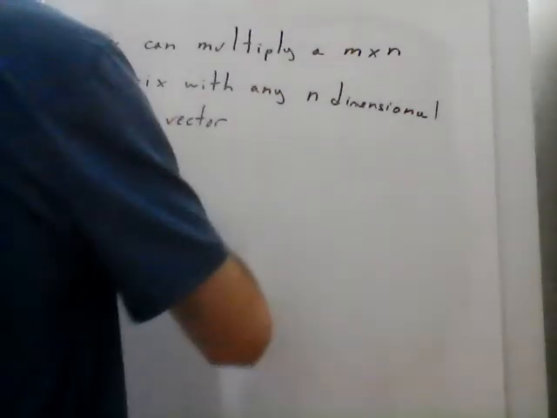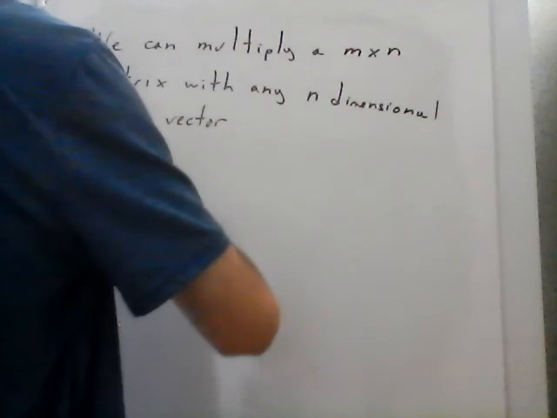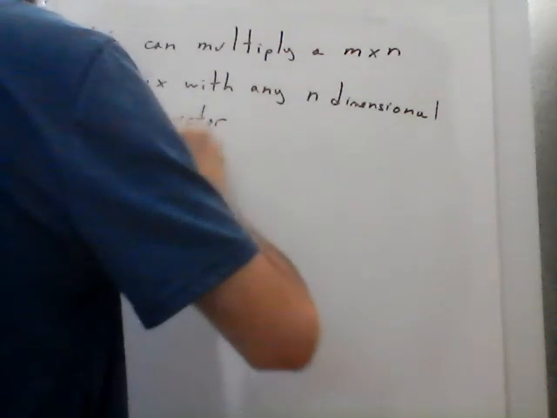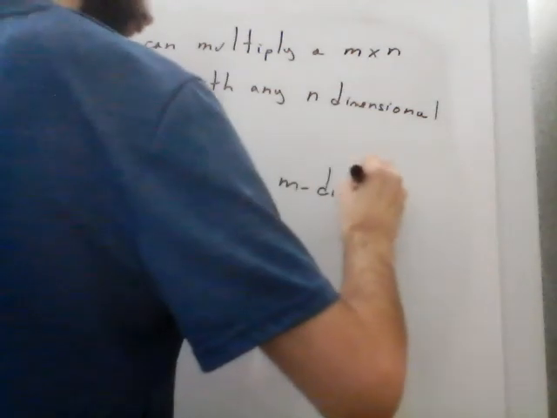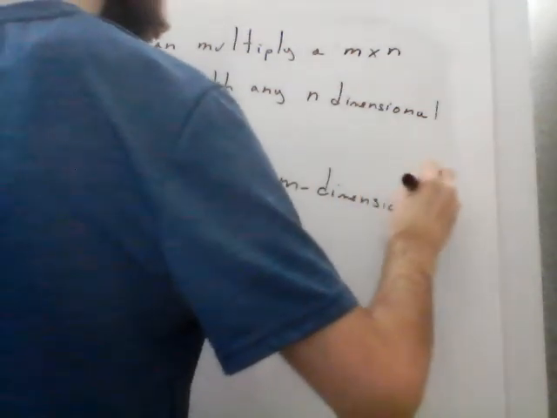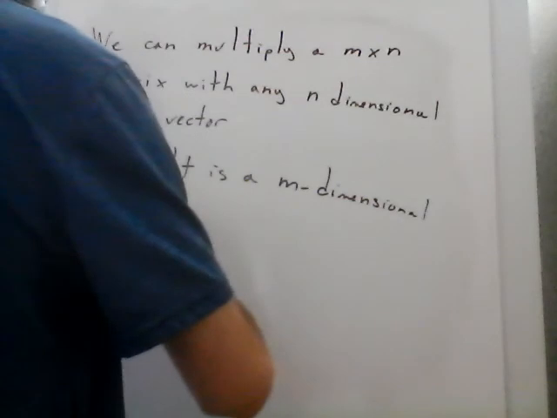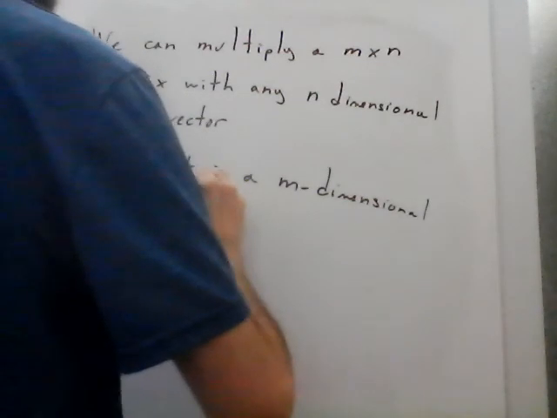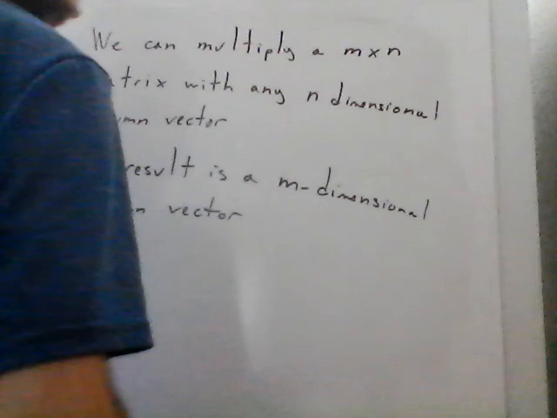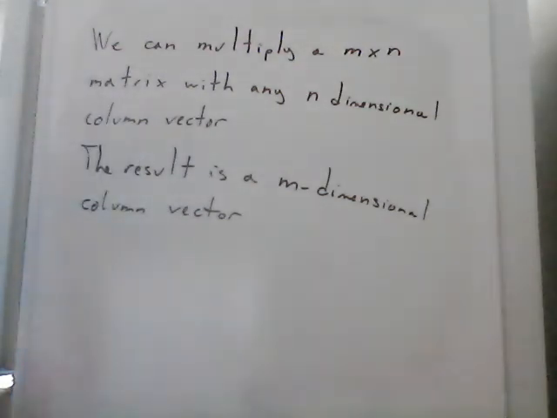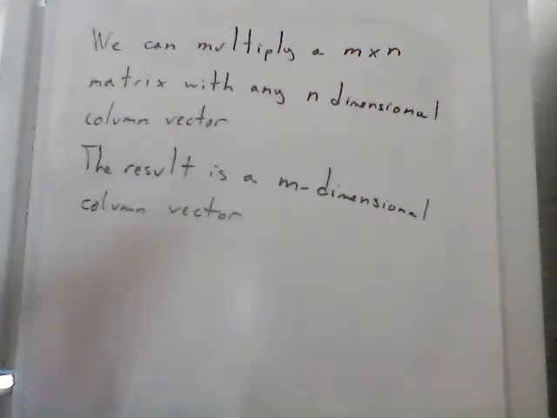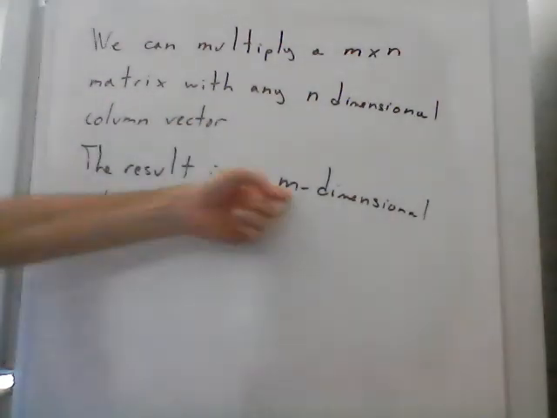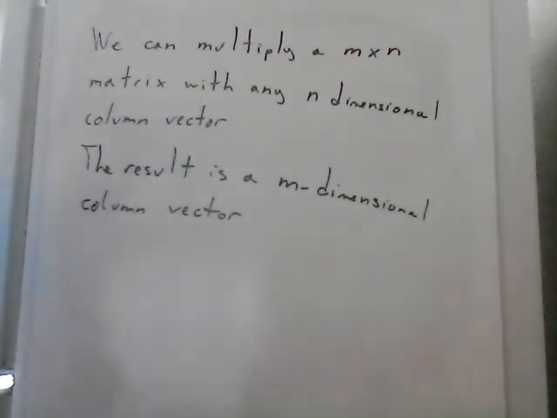So what you get is an m-dimensional column vector. You multiply an m by n matrix with an n-dimensional column vector, and what you get is an m-dimensional column vector.